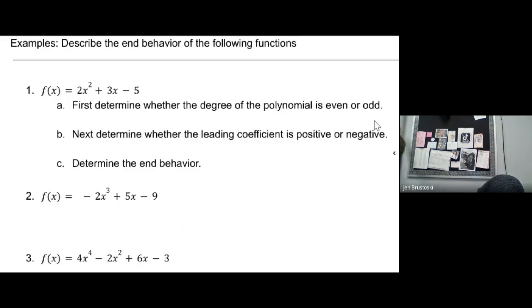And then it says, first determine whether the degree of the polynomial is even or odd. Next, determine whether the leading coefficient is positive or negative. Then determine the end behavior. So these are your steps. You want to make sure you write those out, that way you have them for later.